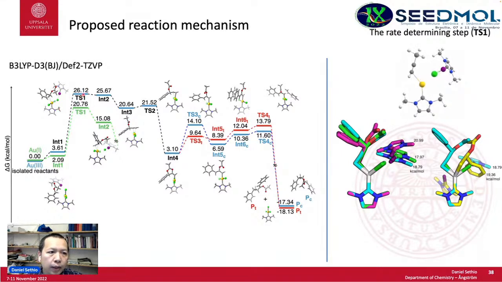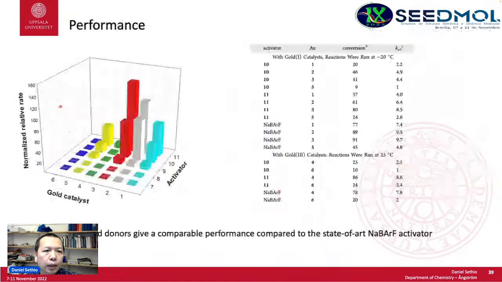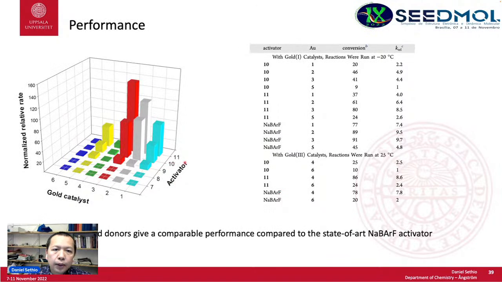And we can observe that this halogen abstraction is the rate determining step for this reaction to occur. And this halogen bond donor gives comparable performance compared to the state-of-the-art sodium BArF.